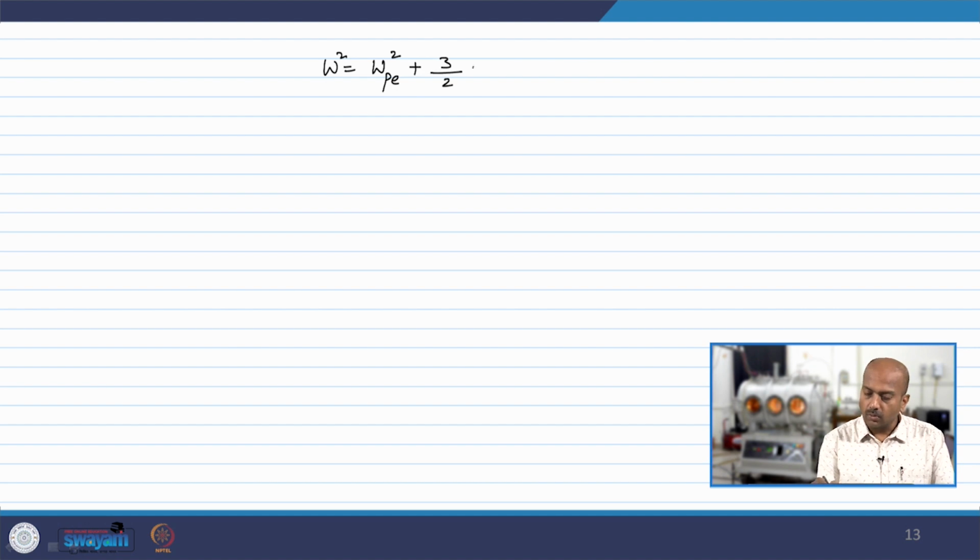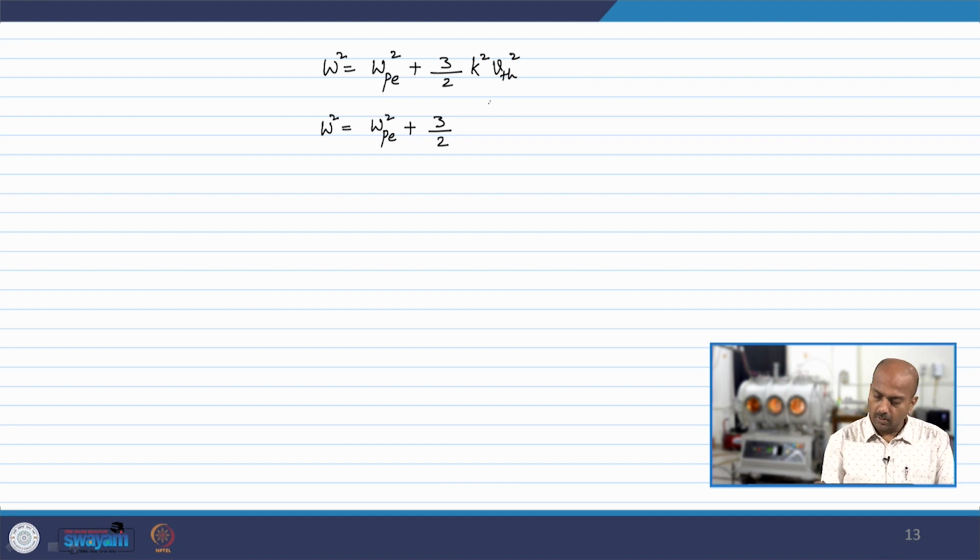So, we consider the original expression: omega square is omega p e, the electron plasma frequency, plus 3 by 2 k square V T h square. We multiply and divide with something just to facilitate the inclusion of Debye length into this expression.